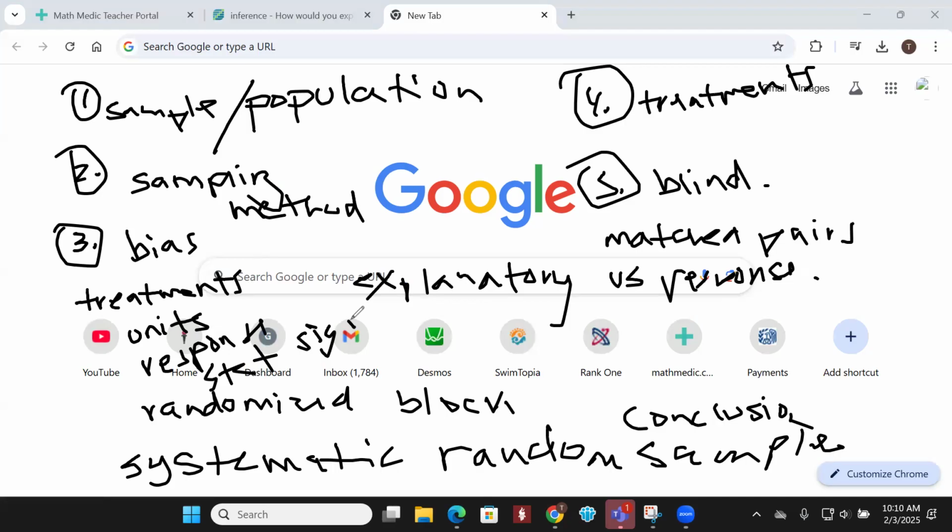Sampling methods, bias, blind experiments, matched pairs, conclusions, systematic random sample, randomized blocking, explanatory versus response, and then being able to identify treatments, units, response, as well as statistically significant or not.